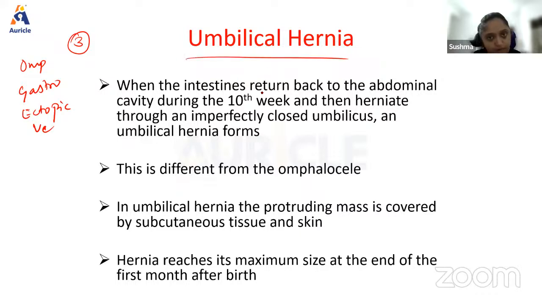Then we have umbilical hernia. The difference between omphalocele and umbilical hernia is that in omphalocele, the contents don't even come back to the abdominal cavity, whereas in umbilical hernia, the intestine returns to the abdominal cavity but then herniates through an imperfectly closed umbilicus.